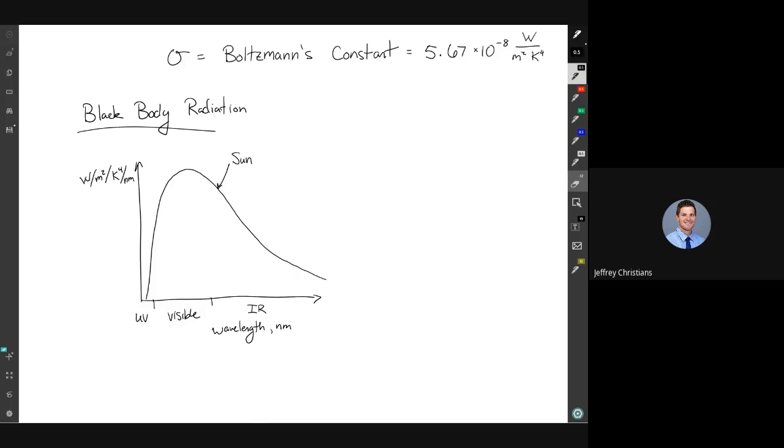So one of the fun things about black body radiation is it has a way bigger importance historically than you would expect.